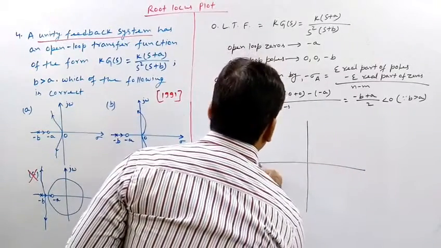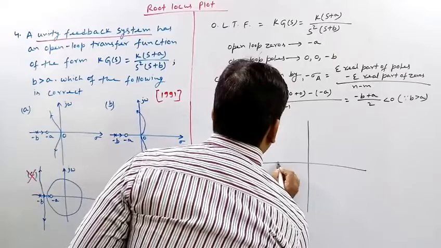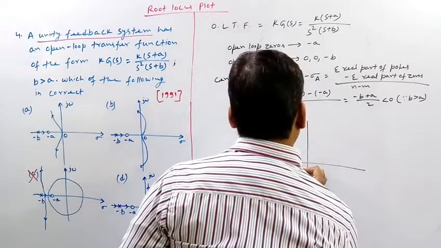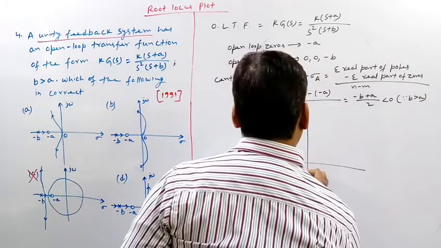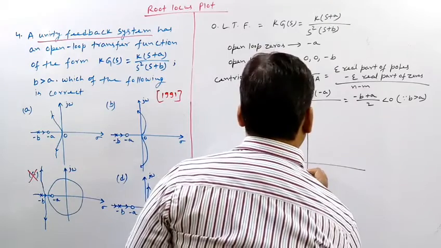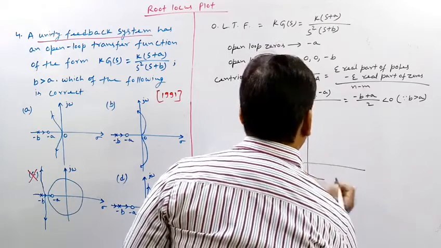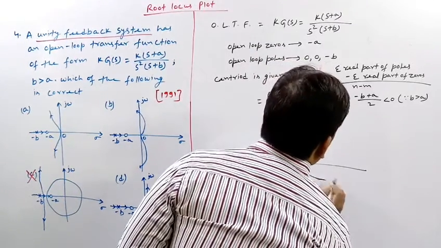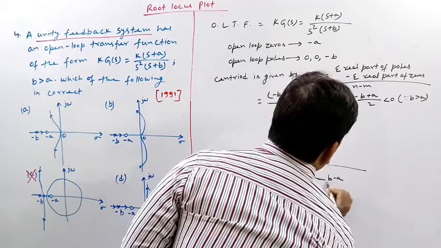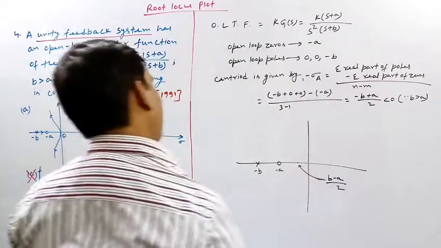Here minus b, here minus a, and let me write this point as b minus a by 2. This point is b minus a by 2.